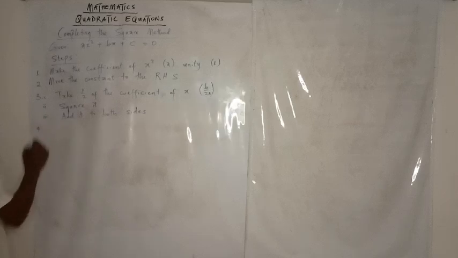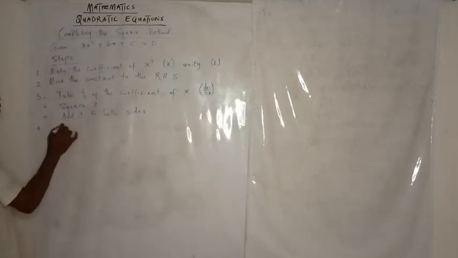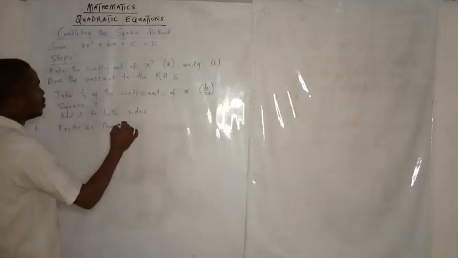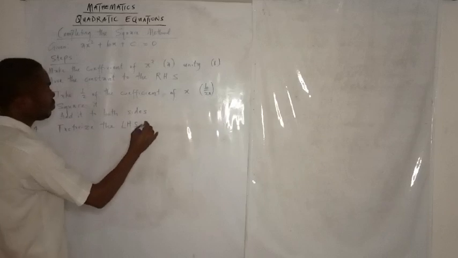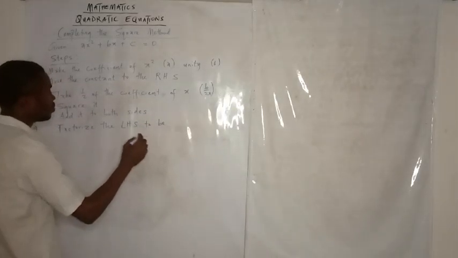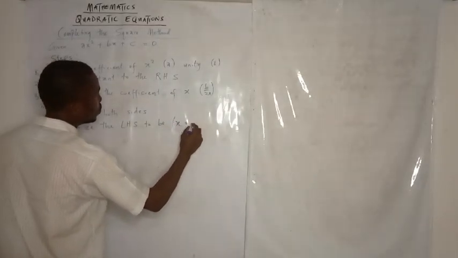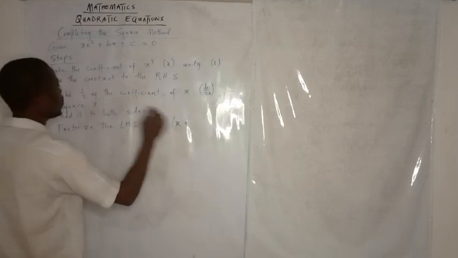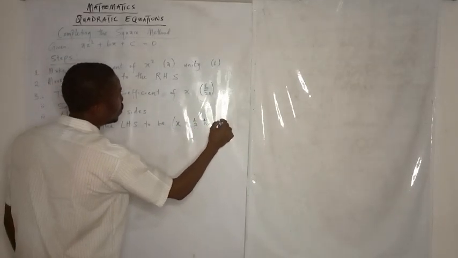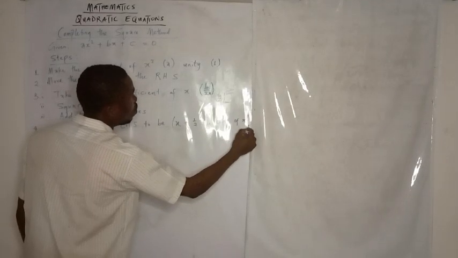And then when you've done that, the fourth step is to factorize the left hand side. Factorize the left hand side to become x plus half the coefficient of x all squared.